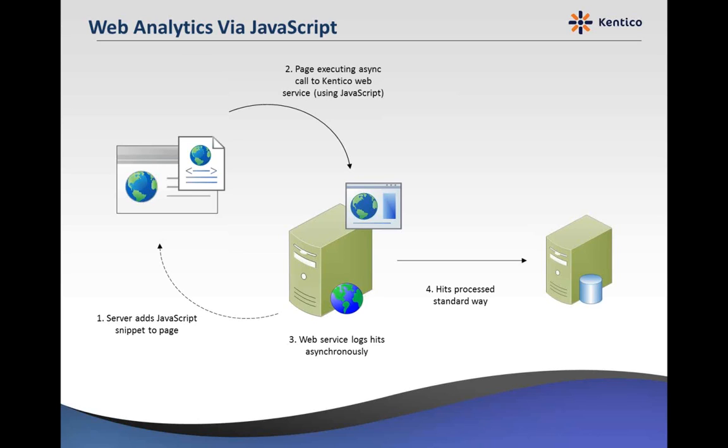That JavaScript code gets executed on the client side, assuming the page is displayed in the browser, and it causes an asynchronous callback back to the server, a call made to the analytics web service that is running on the server side. The call carries information about the event that occurred, some related statistics data, and then the actual hit log. So the event log is created on the server side in that web service that is called from the JavaScript.